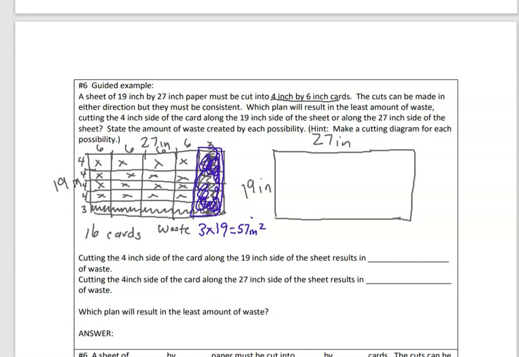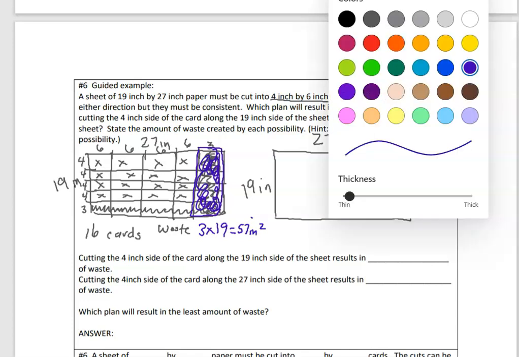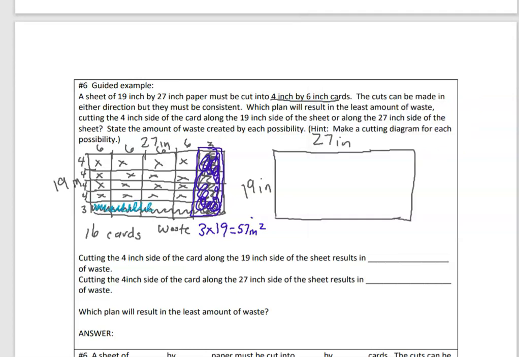Then I've got some more waste in this section right in here, all of this stuff right here. Well, this is a 3 by 24 because we've got 6, 6, 6, 6. So 3 by 24, that's going to be waste right there. We already included this section in this darker blue.